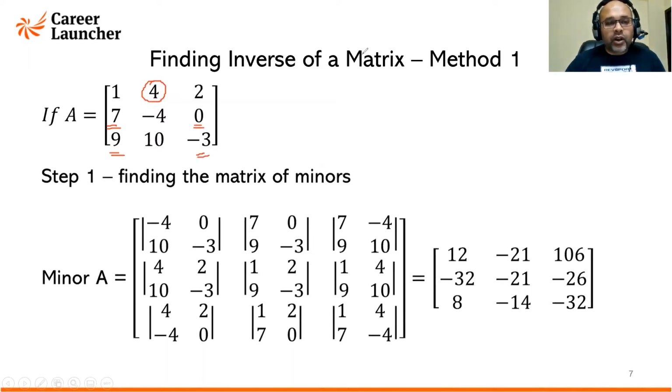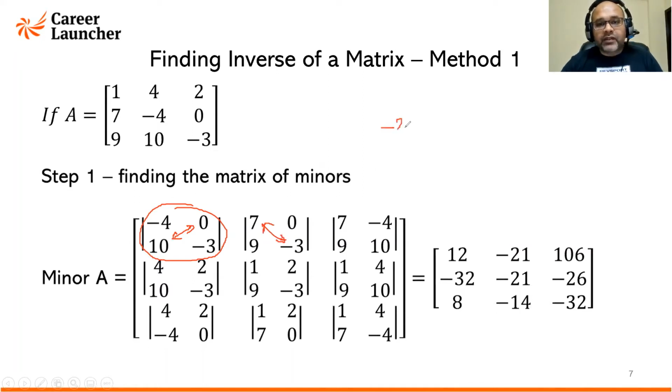When you write all such minors and simplify, this determinant becomes minus 4 into minus 3, that is negative 4 into negative 3 is 12, minus 10 into 0, which is 12 itself. Here, once again, 7 into negative 3 is minus 21, minus 0 is negative 21. So that's what I'm writing here.